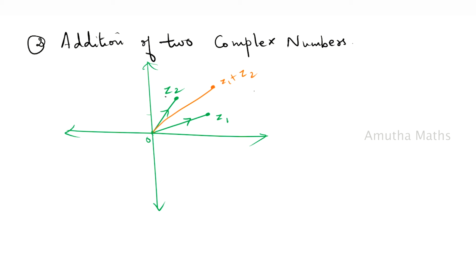The resultant will be in between these two. So this is Z1 plus Z2. In the 11th standard we have studied this. Parallelogram law of addition. இணைகரக் கூட்டலின் விதிப்படி நமக்கு Z1 plus Z2 இங்க இருக்கும்.